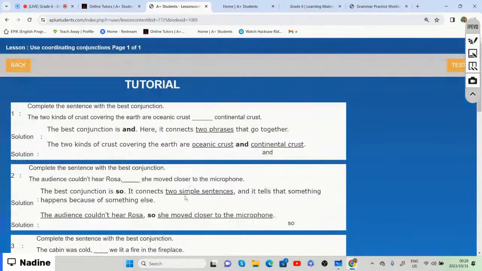Now if we look at the sentence, we need to complete it with the base conjunction. And the base conjunction is "and," and it connects the two phrases that go together. The two kinds of crust covering the earth are oceanic crust and continental crust.